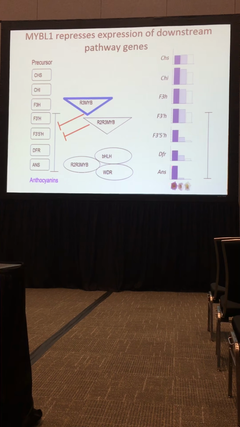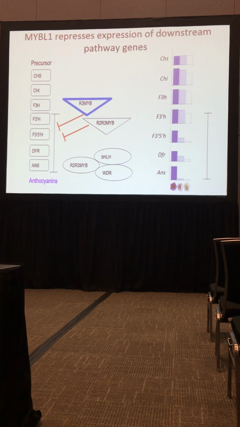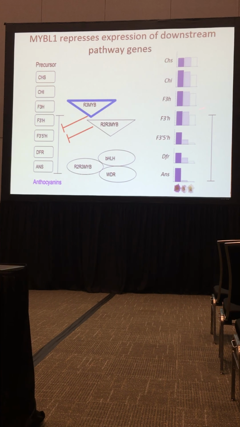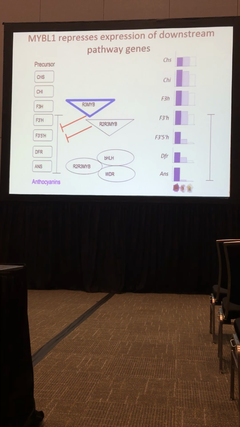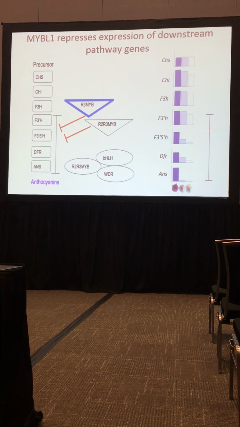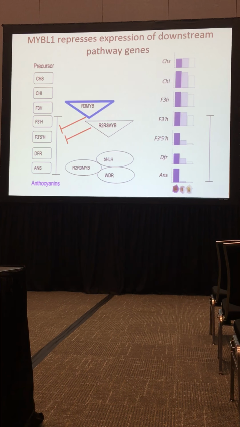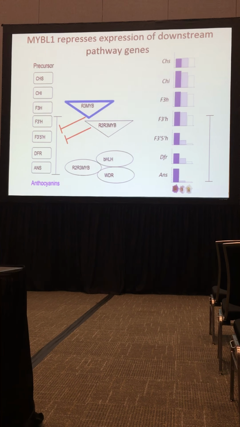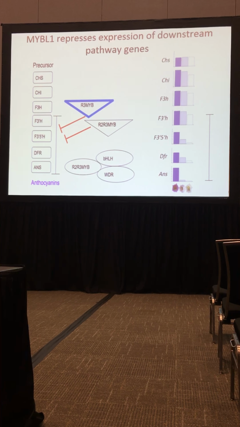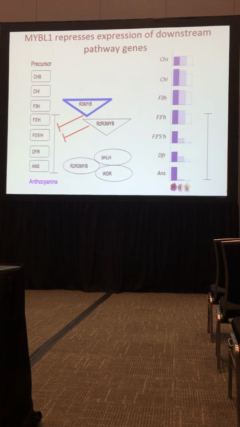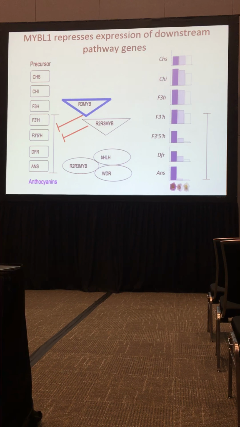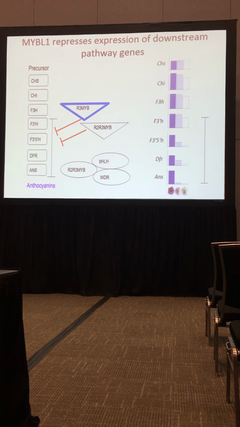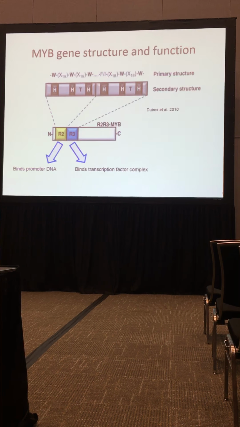These bar charts are normalized expression on these pathway genes here, and you can see from F3'H down to ANS especially, down through F3'5'H, DFR, ANS, these downstream genes, they're almost completely unexpressed in the white flower back cross pools. So again, we're getting all of these lines of evidence that are leading us to understand the gene that's involved and how it operates.